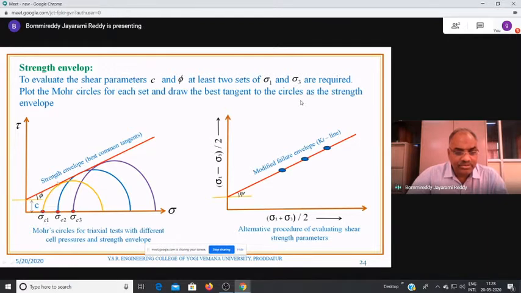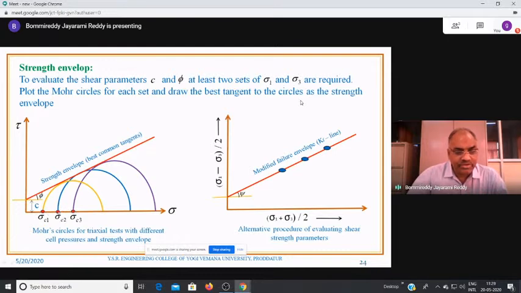So draw the Mohr circle. Similarly, in the next experiment, for another soil sample, consider another cell pressure. For example, first 50, then 100, then 150, like that.